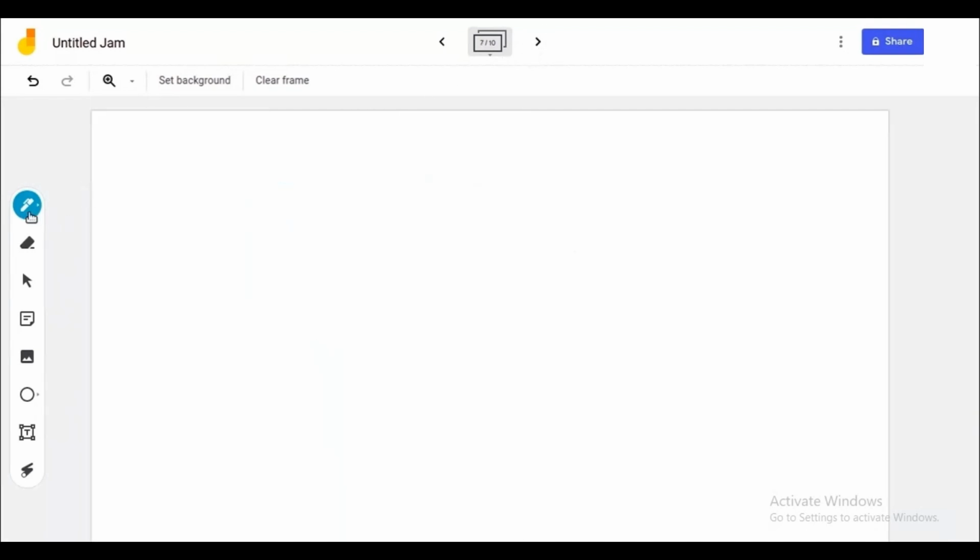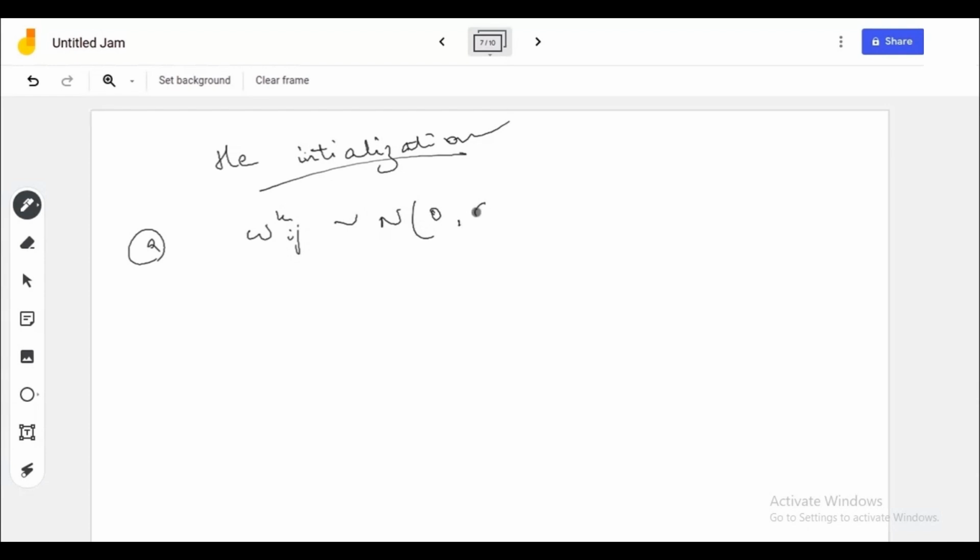The next type of initialization that we have is He initialization. This is named after the researcher who came up with this initialization. So again, this is of two types. We have a normal one and we have a uniform one. Here the weights are randomly drawn from a normal distribution which lies between 0 and sigma, where sigma is equal to under root of 2 by fan in.